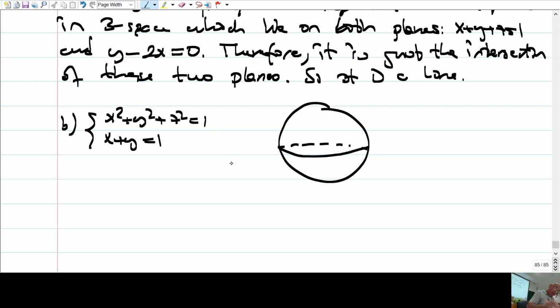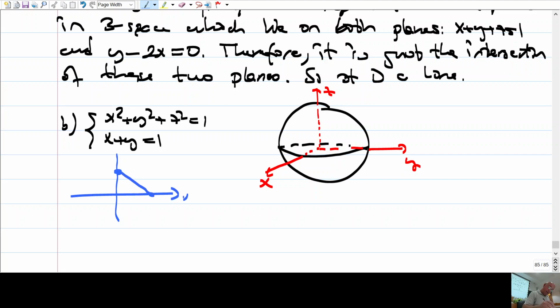The other one is a plane. Let me draw it. X, y, z. Which plane? Well, you take the line x plus y equals 1 in the xy plane. It is this line, right? From 1 to 1.